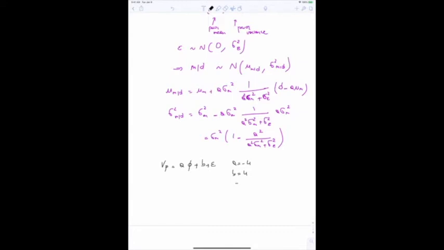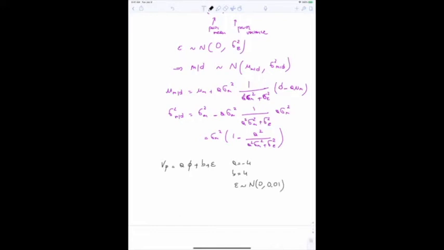There's an error epsilon, which I'm going to assume is distributed according to a Gaussian distribution with zero mean and a very small variance, 0.01.